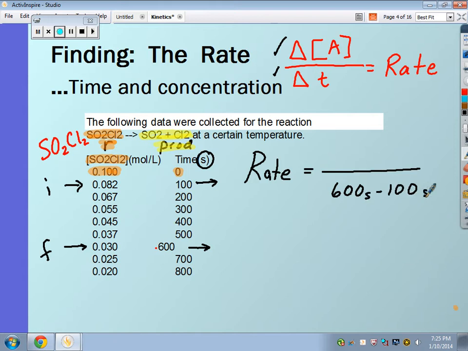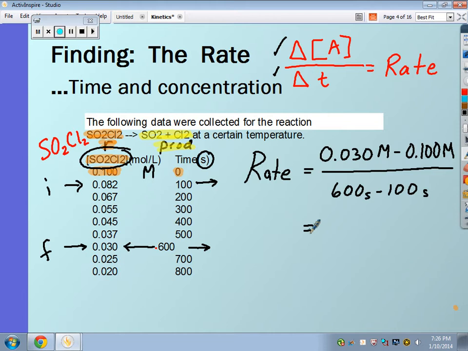Now let's look at our concentration. At this 600 second mark, I have 0.030 molarity, moles per liter, minus 0.100 molarity. That's change in concentration of A over change in time.